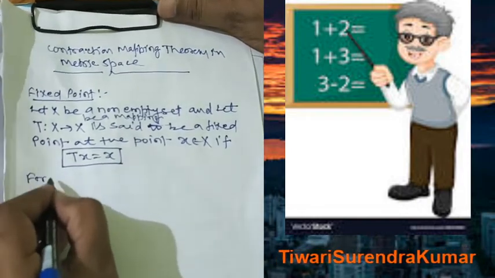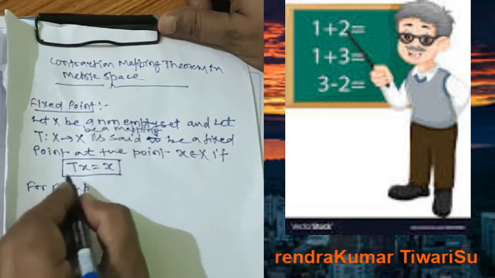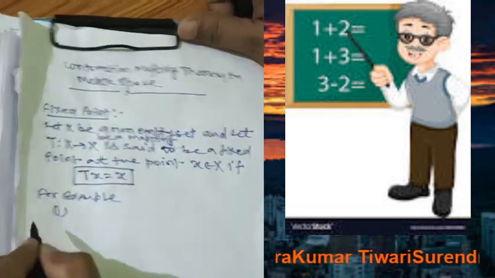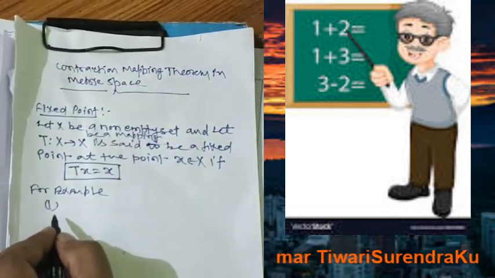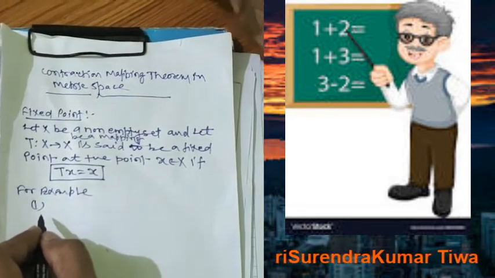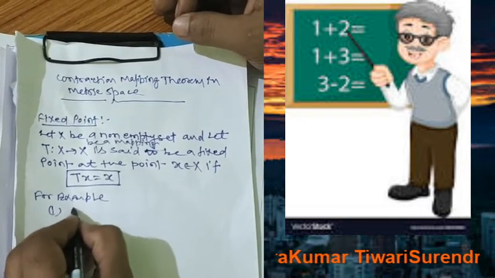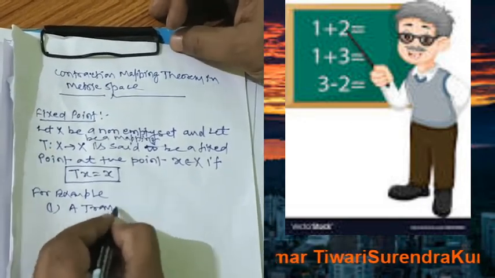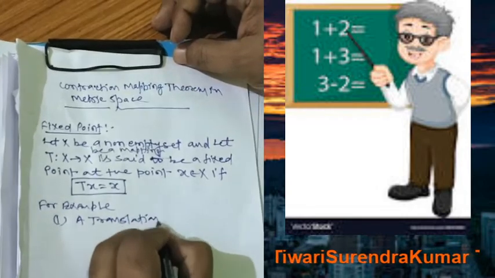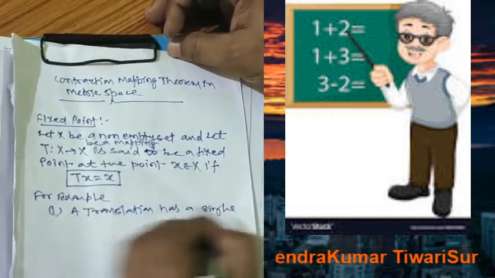For example, first, a translation has no fixed point.